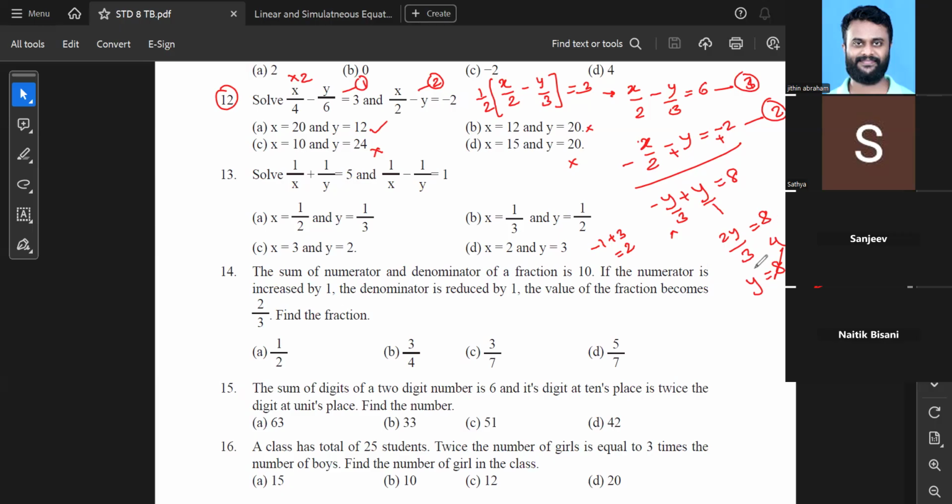Then I took 3 to the other side, it came in the numerator, 2 to the other side, it came in the denominator. I did cancellations, I got the answer. Okay, sir. Sir, that is 2y, right? Yeah, 2y it is. Okay, sir.